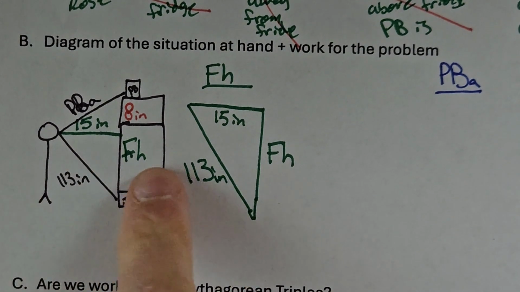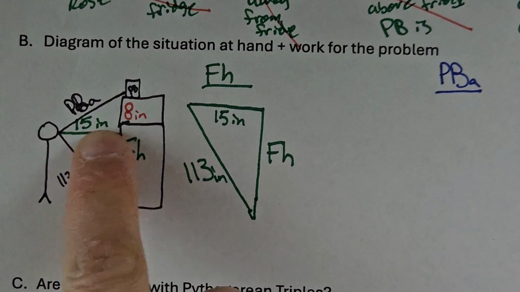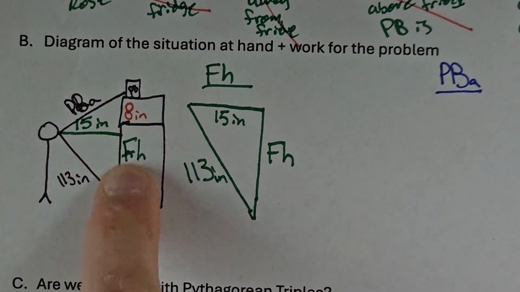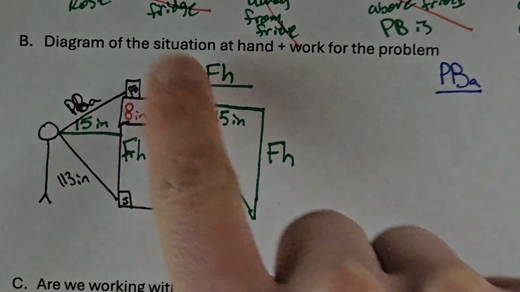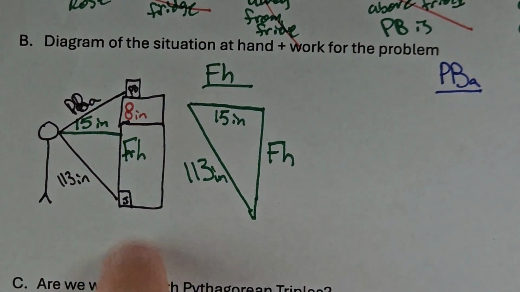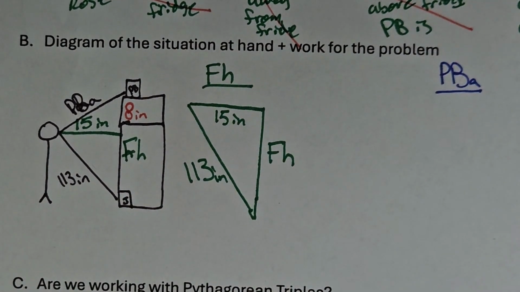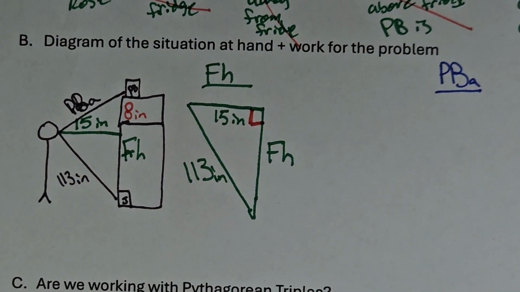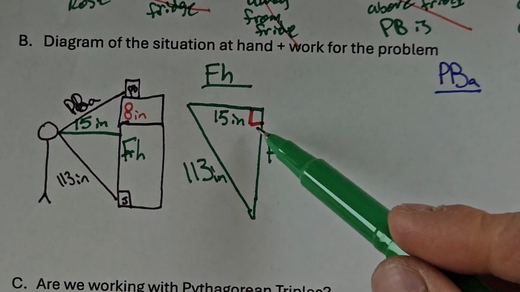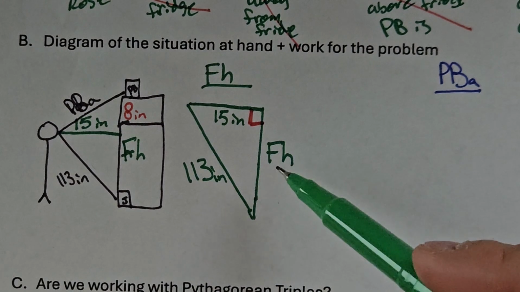Looking at my picture, I am 15 inches away, and I'm trying to find the height of the fridge, which is vertical. So we're going horizontal and vertical with our lines. That's going to make a perpendicular, which means that this is going to be a right triangle. So, since I'm working with a right triangle, I can use the Pythagorean theorem to help me find out what FH is.